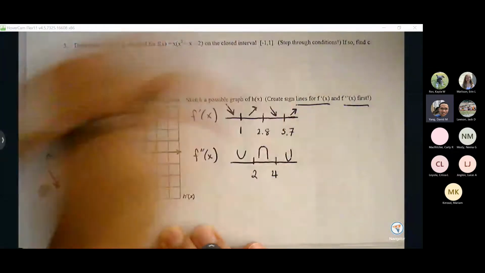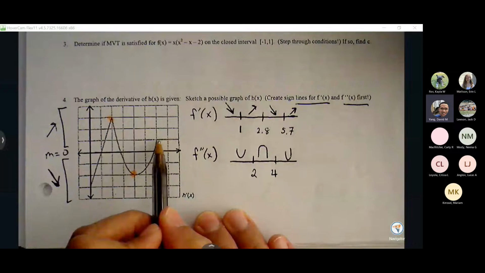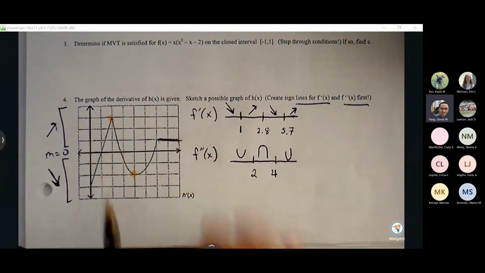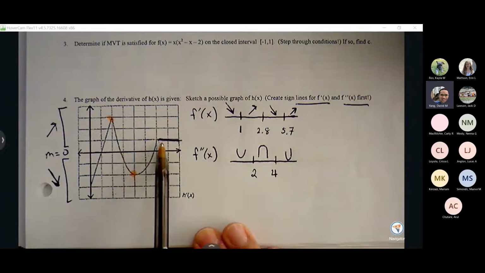Now there's something strange here. This is a horizontal line. I'm not going to quite get this to you on the test, but I just want to show you here. What is this? This is a constant slope. Remember, the y-axis represents slope. So basically the graph is going to just flatten out and have a slope of 1.